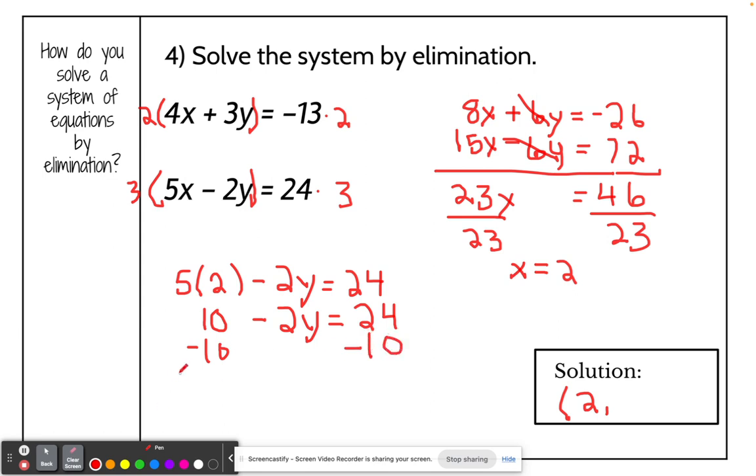I get negative 2y. Don't forget you have that minus in front of the 2y. Negative 2y equals 14. Let's divide both sides by negative 2. And y will equal negative 7.